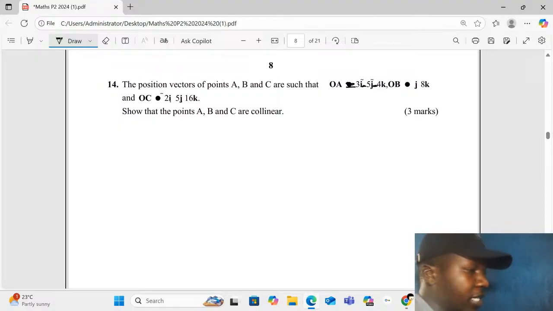Then OB is equal to j plus 8k. And OC is equal to negative 2i plus 5j, then plus 16k.